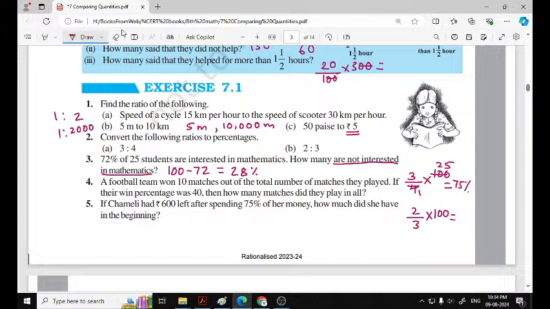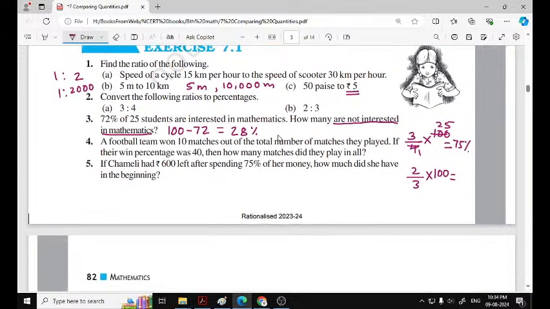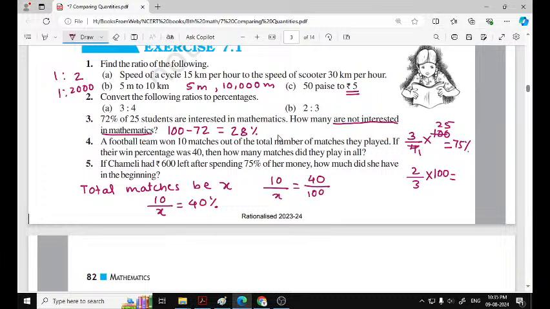A football team won 10 matches out of the total number of matches they played. The total number of matches is not given, so let us consider the total matches to be X. They won 10 matches out of X. Their win percent is 40, and this is equal to 40%, that is 10 upon X is equal to 40 upon 100.